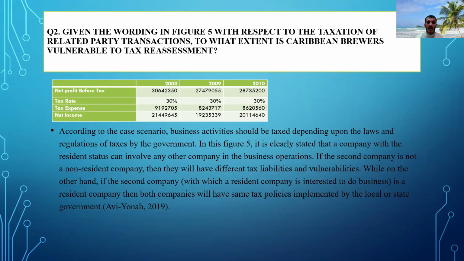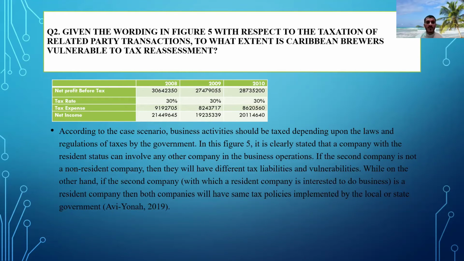While on the other hand, if the second company with which a resident company is interested to do business is a resident company, then both companies will have the same tax policies implemented by the local or state government. In this case study, the second company is another resident company. Therefore, tax liabilities are different than normal cases.